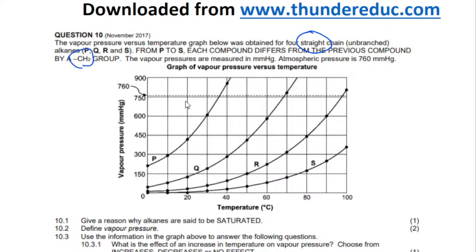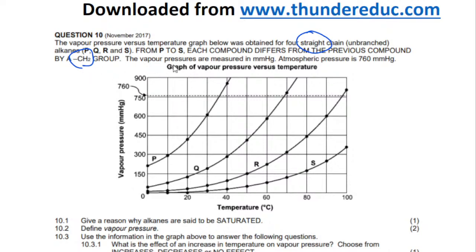It means that they belong to the same homologous series. That's how the members of a homologous series keep on changing, by just this.